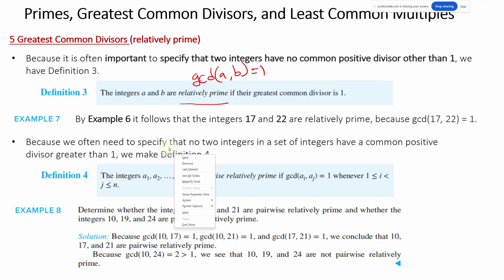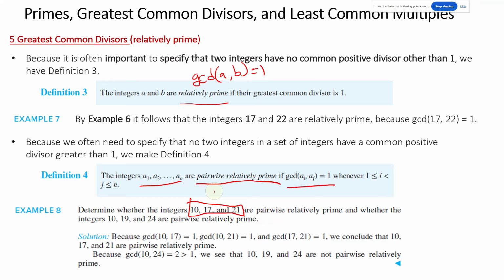And if you have a set of numbers, they are pairwise relatively prime if for every two of them the greatest common divisor is equal to 1. So let's say if you have these three numbers and you want to prove that they are pairwise relatively prime, all you have to do is prove that the greatest common divisor between 10 and 17 is going to be 1, which is going to be also the greatest common divisor between 10 and 21, and also the greatest common divisor between 17 and 21 is 1.